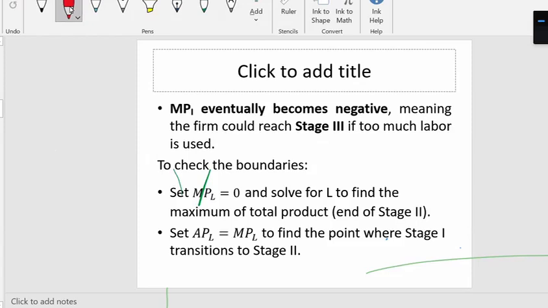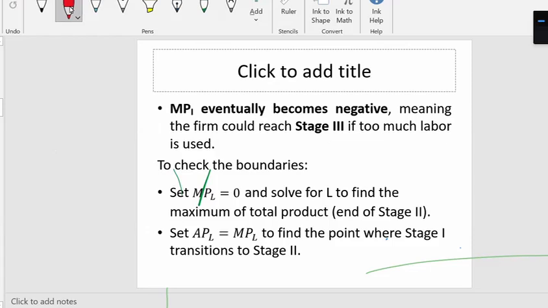You have to set the marginal product equal to 0 in order to solve for L, for the maximum total product. Manake ni kwamba if we employ more than 15, utaanza kupata minus. Ile total product itaanza kupungua at the end of stage 2.